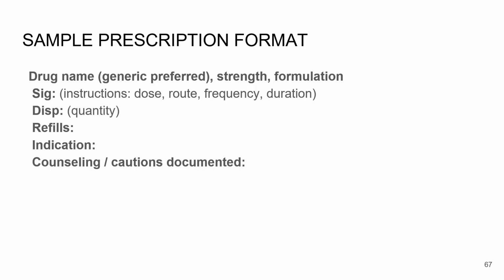And then refills is how much you want them to have over time. So after 30 days, can they have 1 refill? Can they have 6 refills? Can they have 12 refills? The indication is always nice to put on a prescription, helps with insurance verification. And then, of course, if there are cautions or counseling that you want directly on the bottle or on what's actually dispensed and given to the patient, you would document that on your prescription.